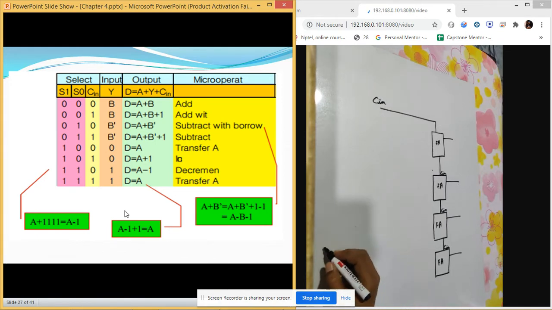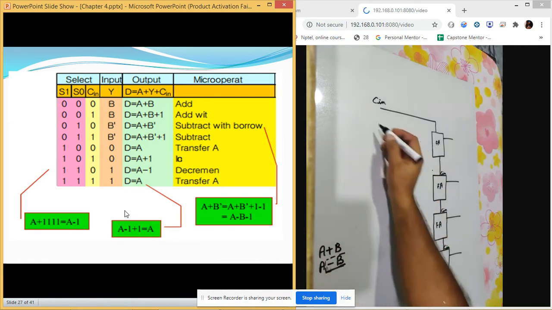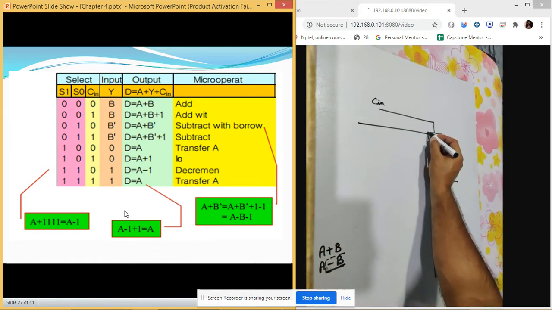Then, as I told you, whenever we perform any operation, any change which we make is only with B. We are not going to touch the value of A. So A will remain the same in all the cases. That is why we can directly connect the value of A here.